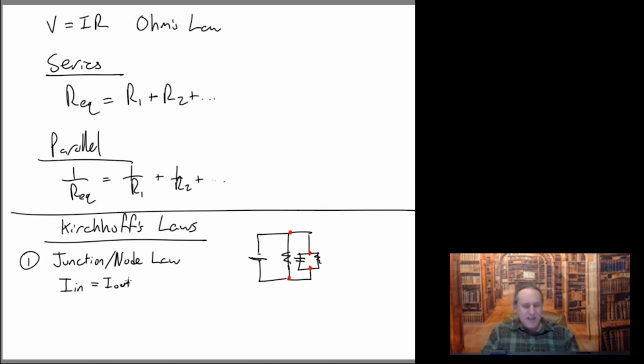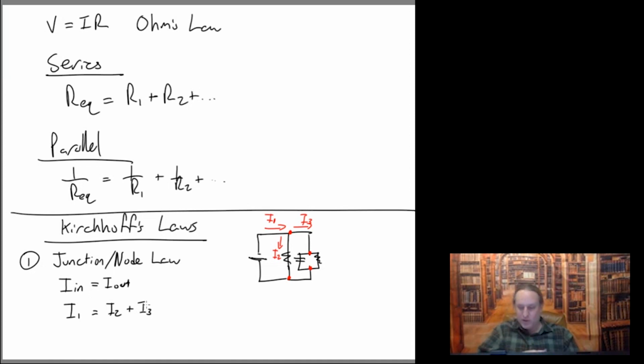So this should be pretty sensible. I mean, if we have 1 amp of current that comes in, let's just say we've got a current I1 coming into this junction on the top, and then it splits into an I2 and an I3, then what the junction rule says is just that I1, which would be the current into that junction, is equal to the sum I2 plus I3.